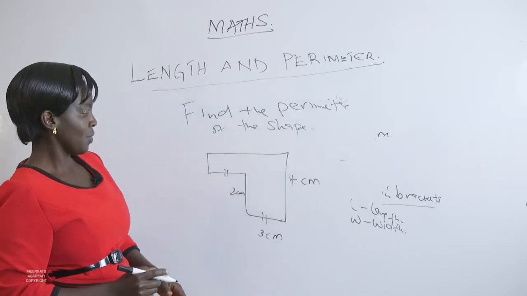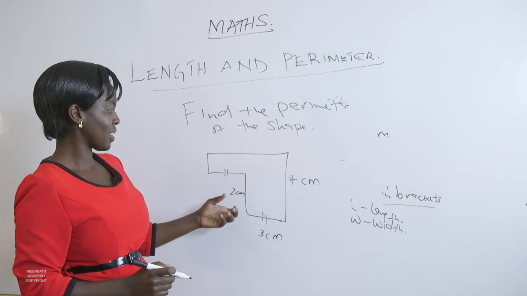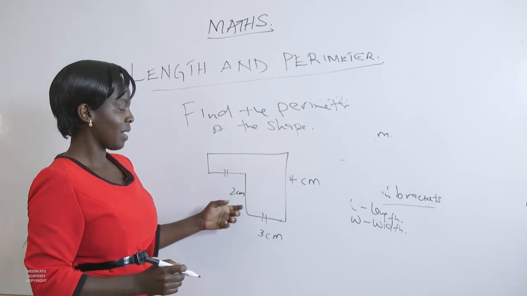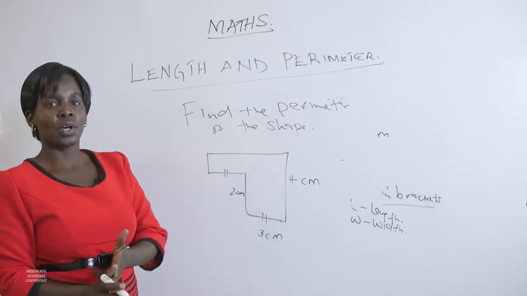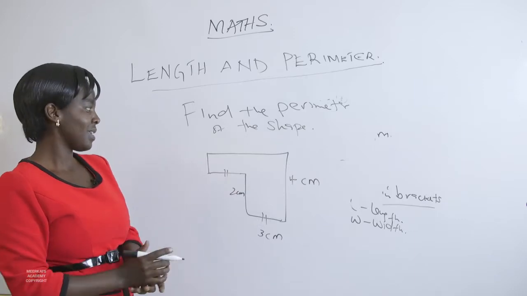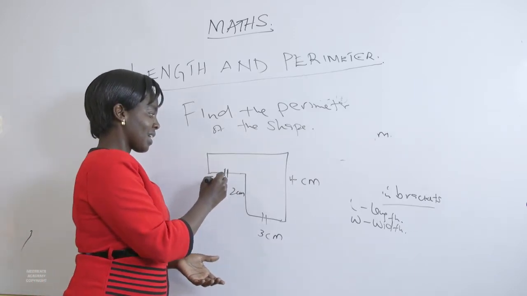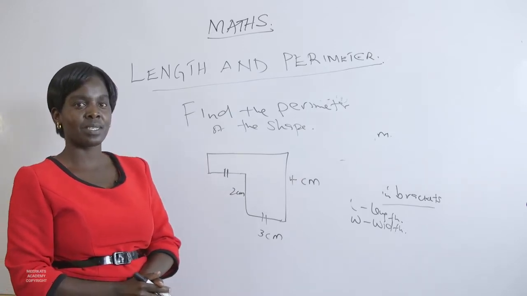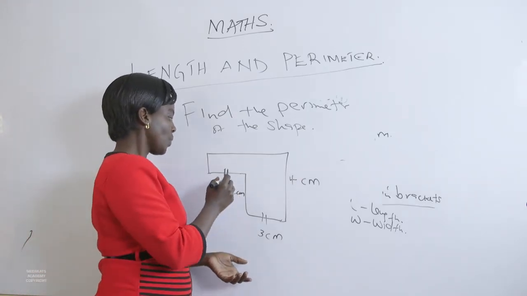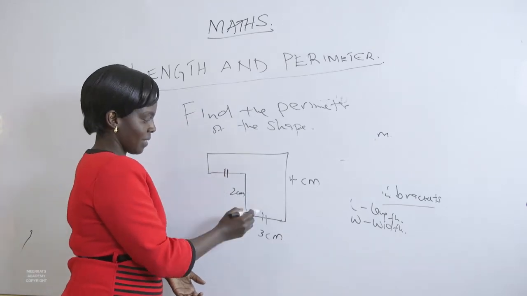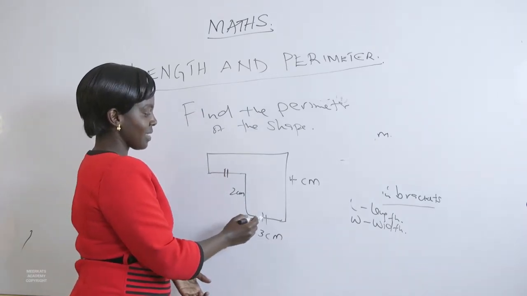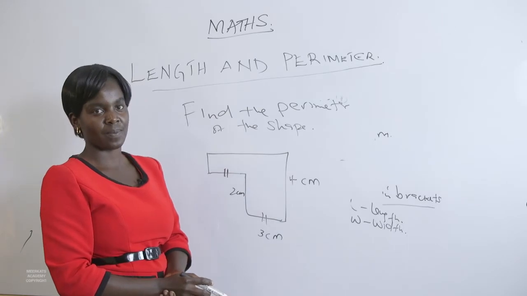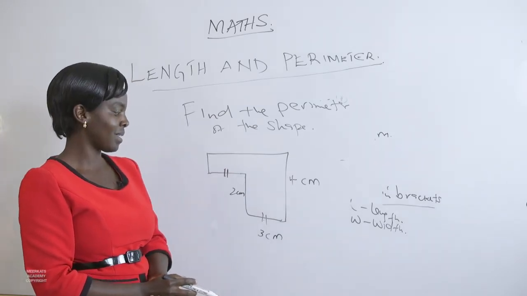If you find yourself in this place, you are supposed to look at the markings. We have said these markings speak a message to us. So what does this say? We are told that this and this are equal. The markings mean they are equal.